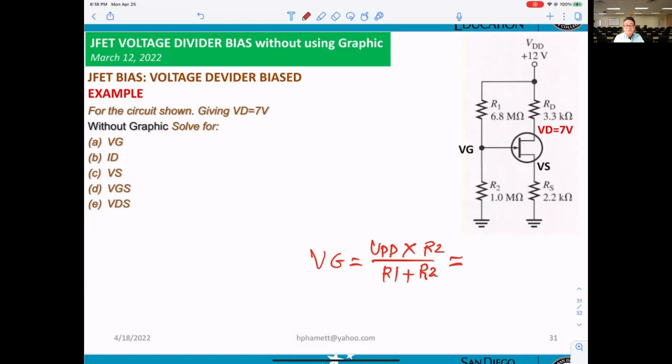Who got the answer for VG? 1.54 volts. 1.54. Okay, and they get a different answer.